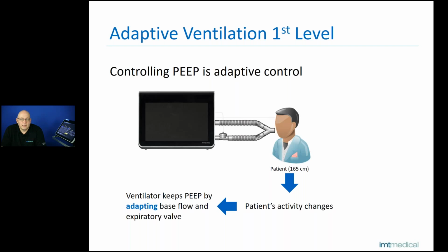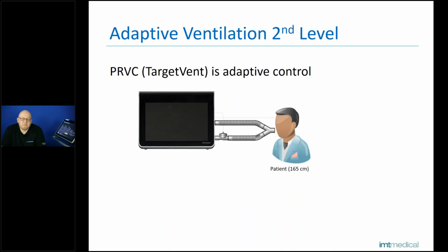On the second level, we have PRVC, which is pressure regulated volume control, and we can summarize this under target vent, autoflow, APV, and whatever other abbreviations, but the working principle is always the same.